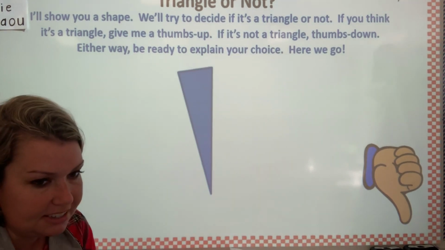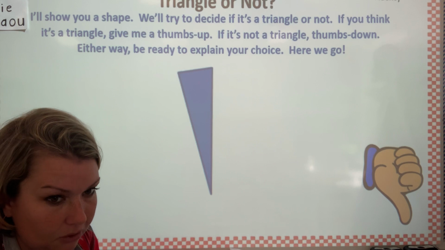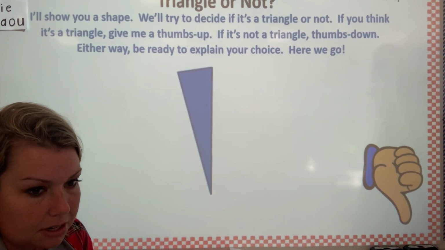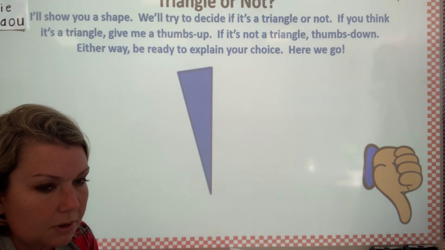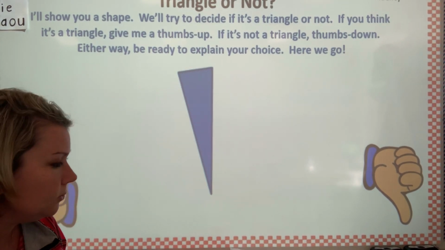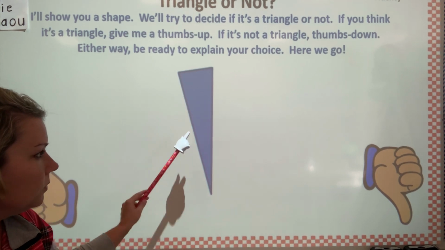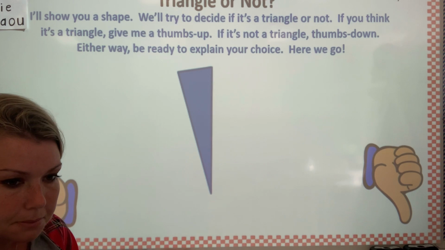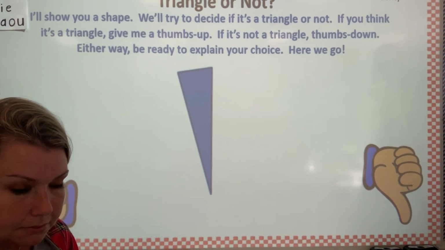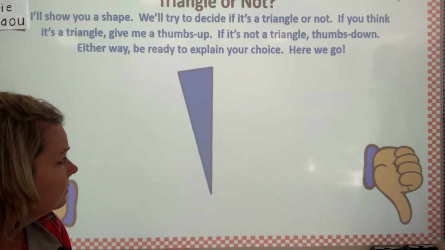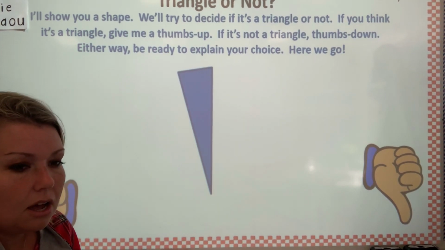What about this? Is this a triangle? Thumbs up for yes, thumbs down for no. Ooh, I see a lot of different answers here. Carolyn, you think it is a triangle. Why do you think this is a triangle, Carolyn? Because it has 3 straight sides and 3 corners. Oh, thank you.